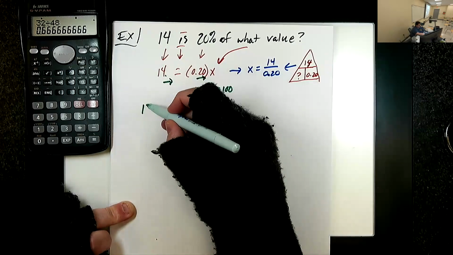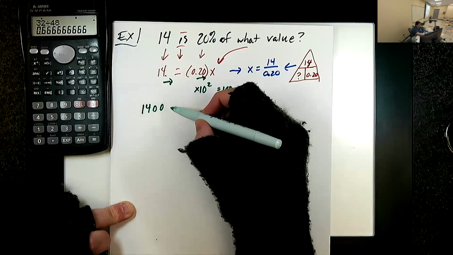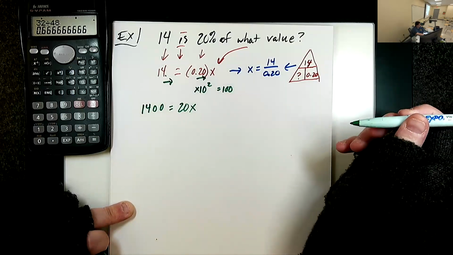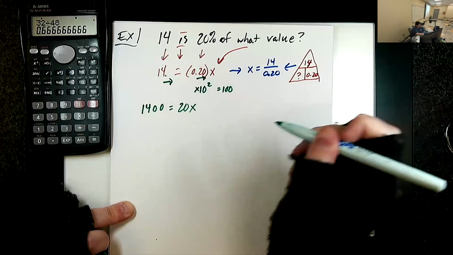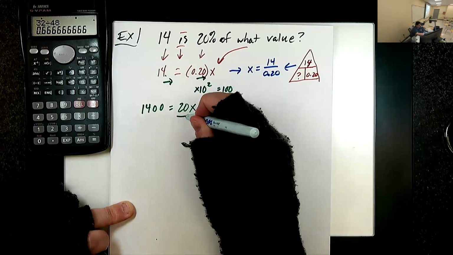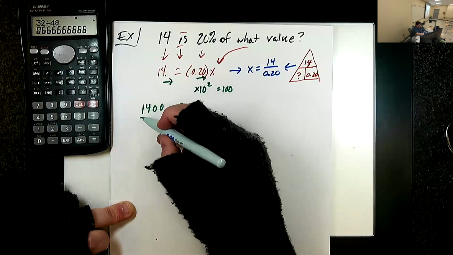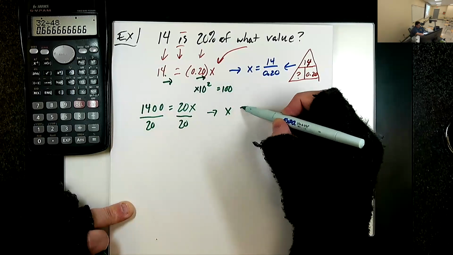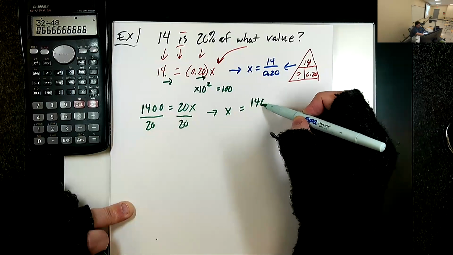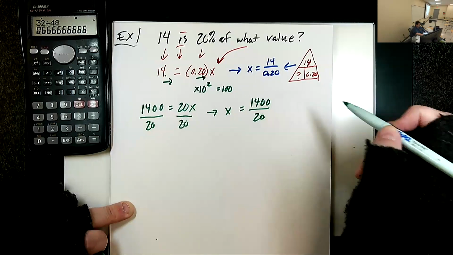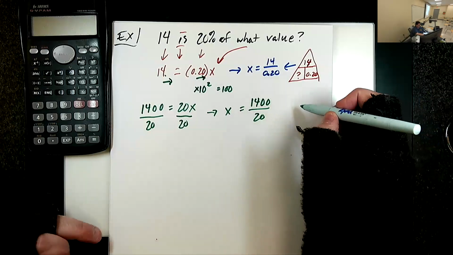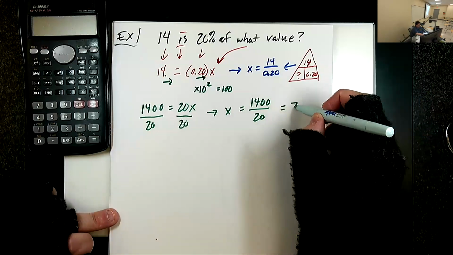So this would become 1400 equals 20x. Then we don't have our decimals, and we know to divide by the number in front on both sides. And I get x equals 1,400 over 20. Both of these you're going to see get you 70.